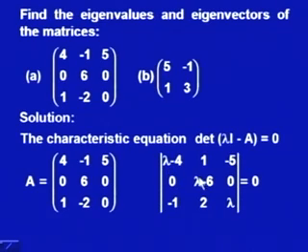So lambda will appear in the diagonal only, and because of minus A all these terms are negated here. So minus 4, minus 1, minus 5, minus 6, minus 1, and we have 2 and lambda. This determinant equal to 0 is the characteristic equation for the given matrix A.